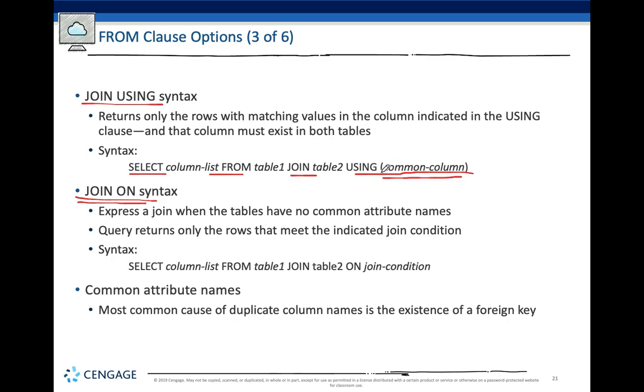And that common column must be placed in parentheses, and it must exist in both tables, right? The join on syntax is also very similar. Select from table 1 join table 2 on, and then the join condition.